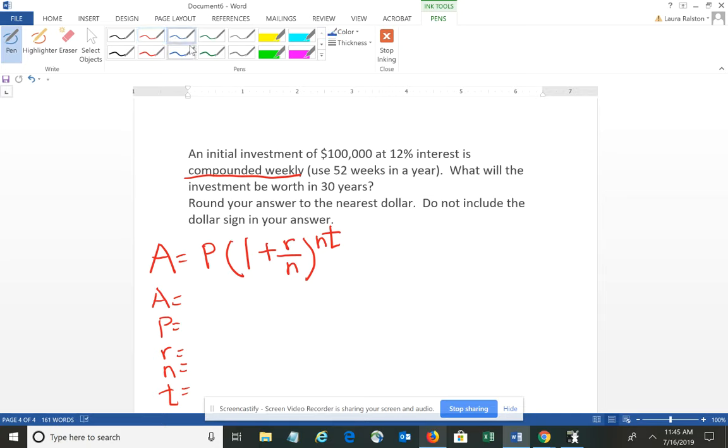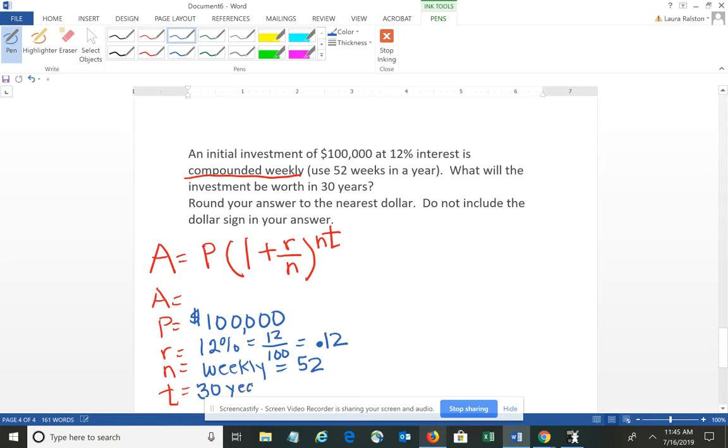And it says an investment of $100,000. So that's my initial amount, or my principal, is $100,000 at 12% interest. So we have 12% as our interest. Written as a decimal, 12 divided by 100 is 0.12. Compounded weekly, okay, so N is weekly, and in a year it tells us to use 52 weeks, and it wants to know how much the amount will be in 30 years.